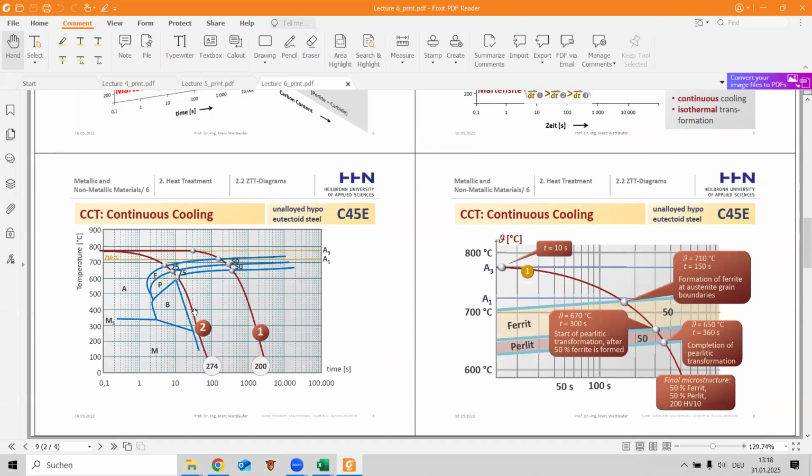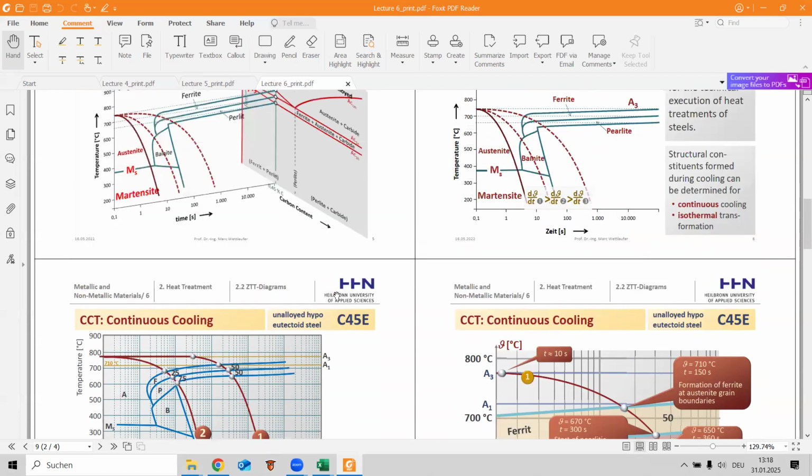Here we have continuous cooling. Superheated steel.